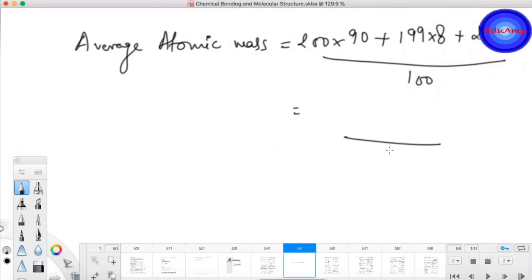Calculate this and tell me the answer. I hope all of you are getting my point. Please say yes or no in the chat box. What is the answer?